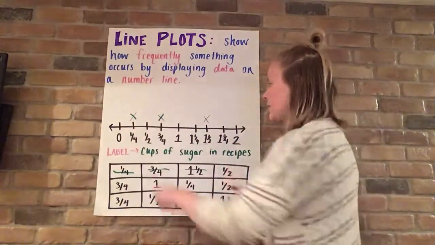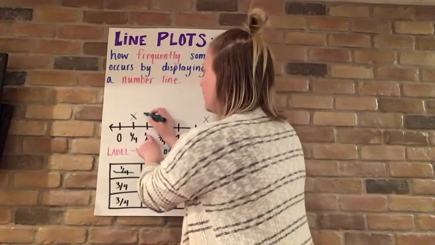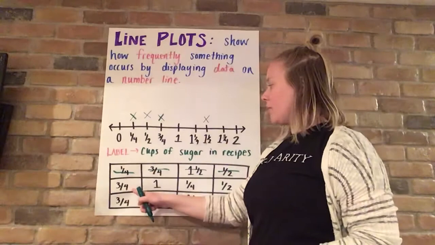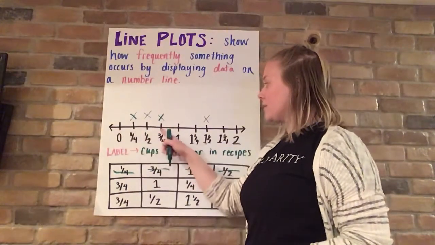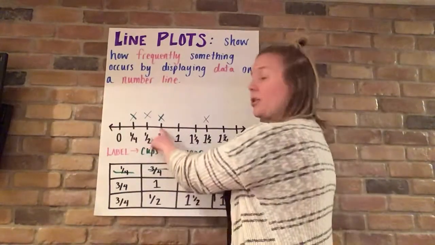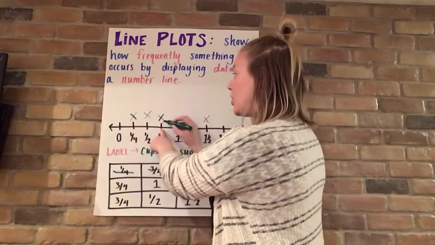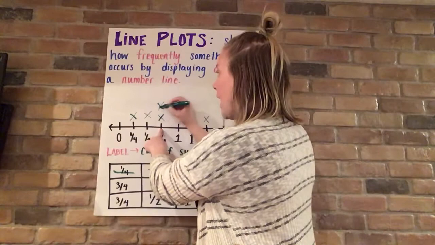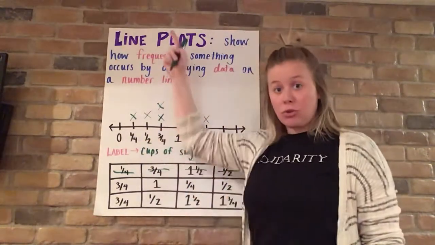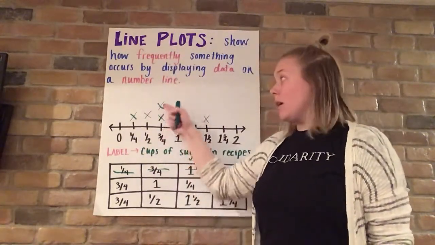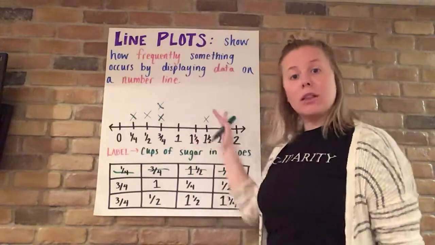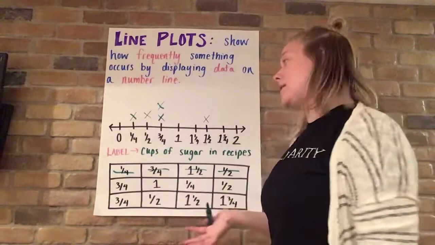So 1/2, I found 1/2, an X. 3/4, we already plotted 1 X for 3/4, but another recipe uses 3/4 a cup of sugar. So above that 3/4, I'm going to draw another X, and our X's are going to grow vertically. So when I look at this, I can easily understand the data.